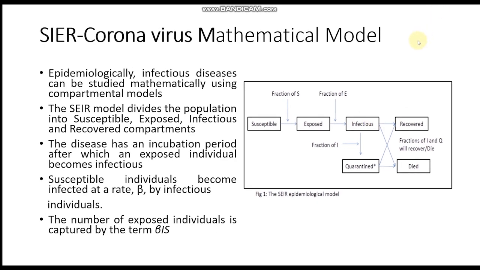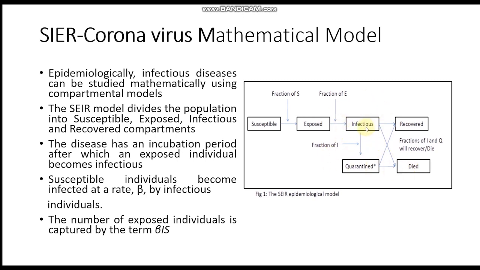Once the people have moved to the infectious compartment, many dynamic events happen. For example, a fraction of infectious people may be moved to a quarantined compartment because of government action or any other external forces. And the people in the infectious and quarantined compartments may move to either the recovered compartment or the died compartment based on their actions in the compartment.